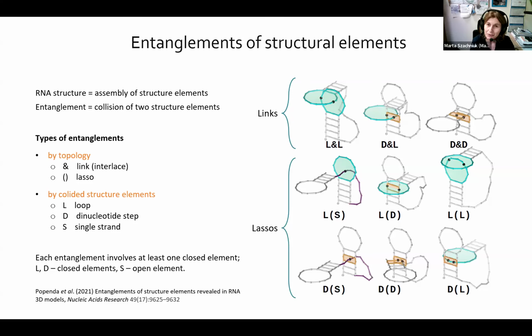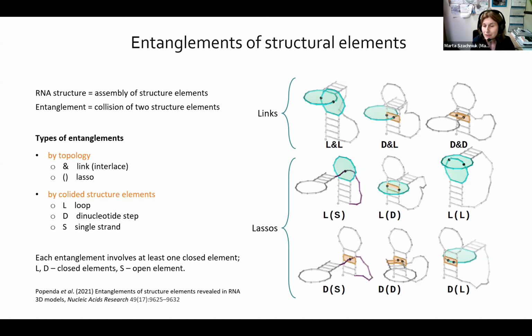So when we started to look into the topology of the structure, we followed the same approach. We started to look into the structure as an assembly of structural elements.